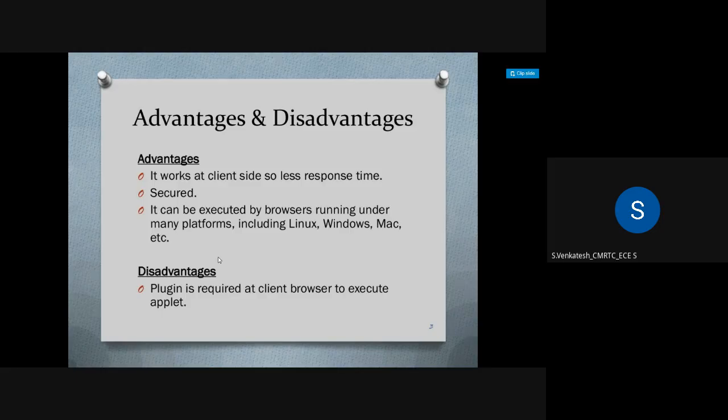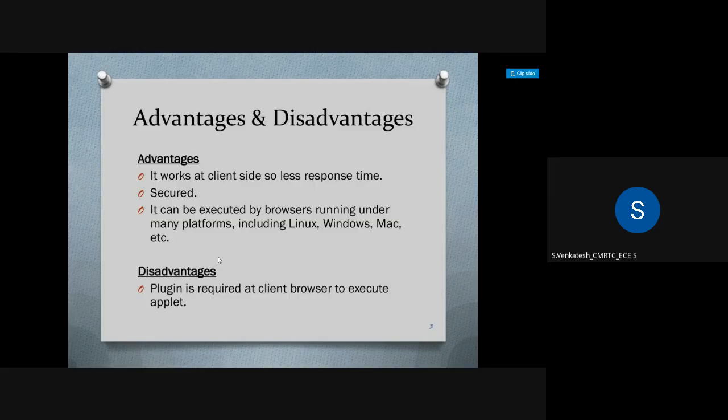Now, for example, I am the client. When I use a particular website, the applet is automatically running in the background. That is the advantage of using an applet. It is also most secure at the client side, so there is no need to worry about server hacking. For example, if anything is on the server, it will generally be hacked. If it is at the client side, it is more secure than at the server.